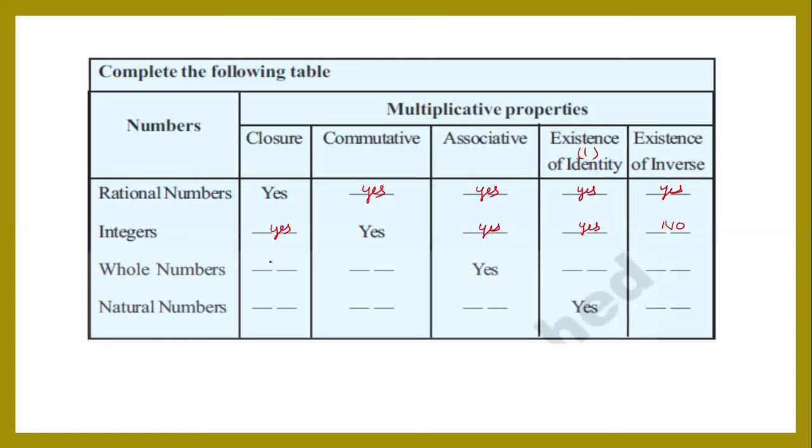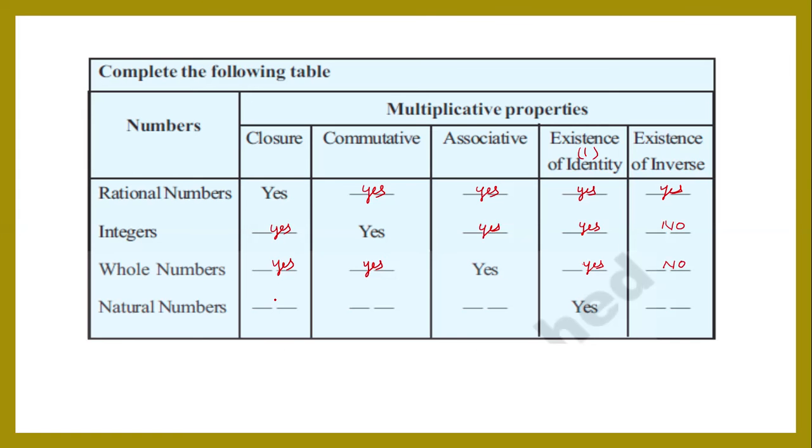Now whole numbers. Whole numbers are closed under multiplication, commutative under multiplication, and associative under multiplication. Whole numbers have the 1, so you write yes. Whole numbers do not have reciprocals, so it is also no. The inverse elements do not exist.